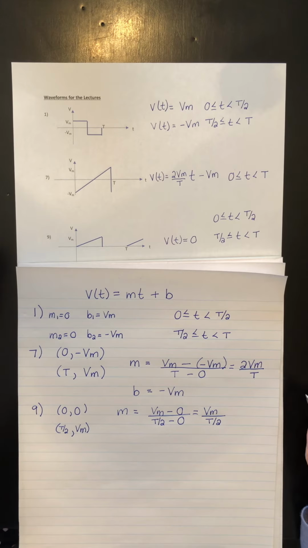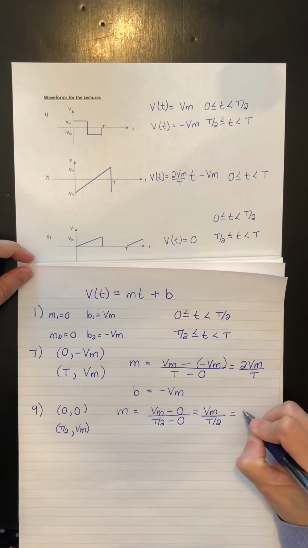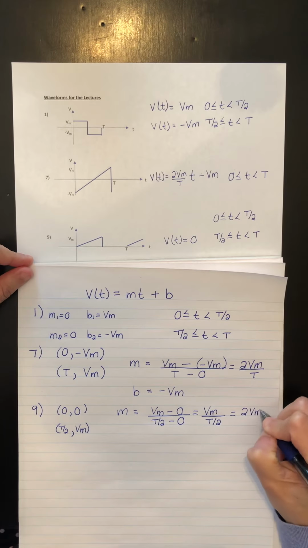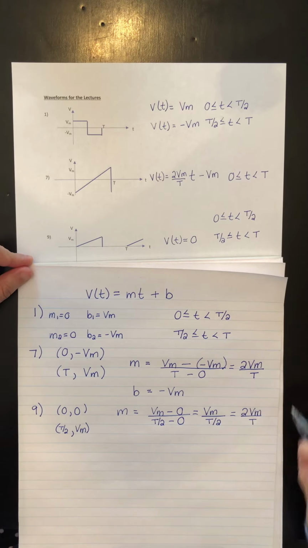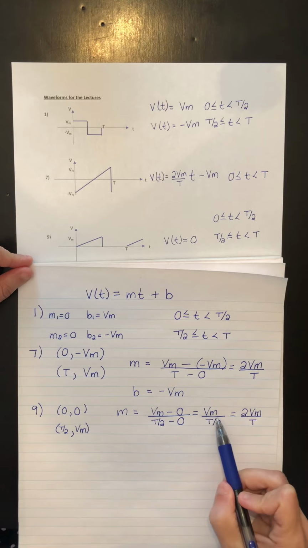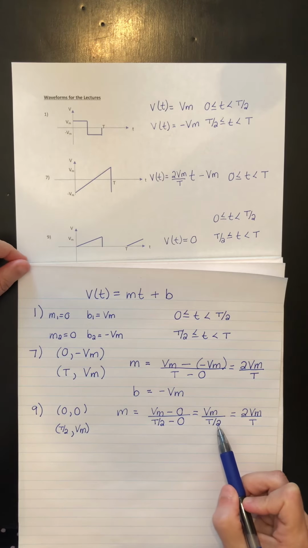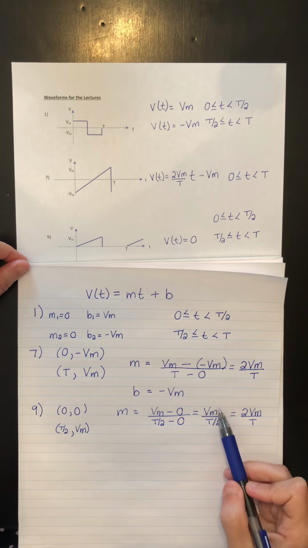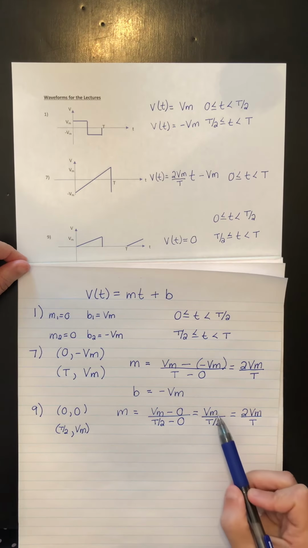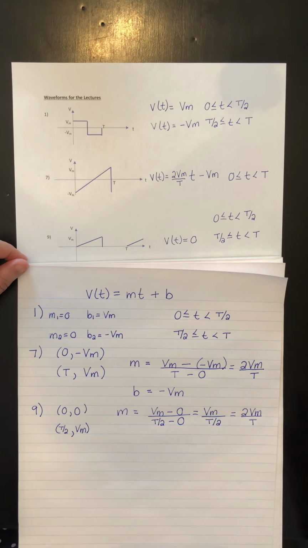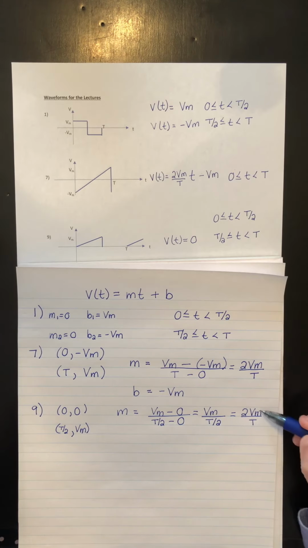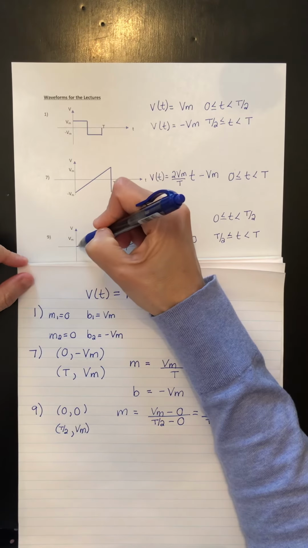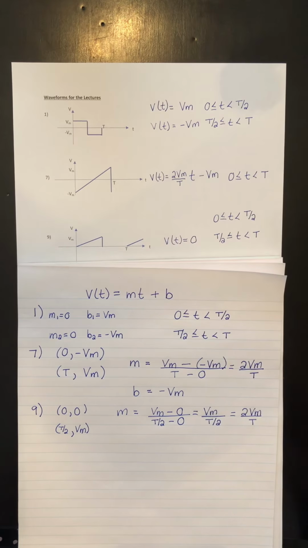And this is the same as 2 Vmax over T. So when you divide by capital T over 2, it's the same as multiplying Vmax by 2 over T, multiplication by the reciprocal. So this is the slope corresponding to the first half cycle.